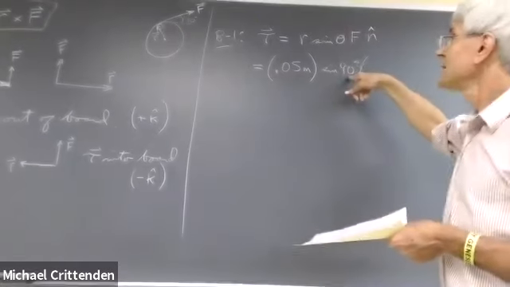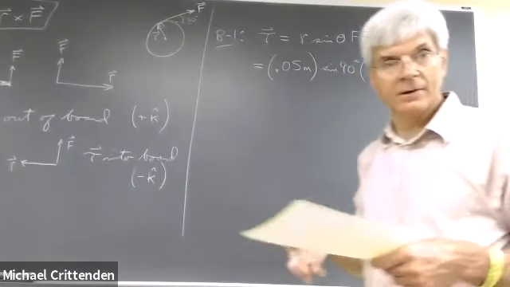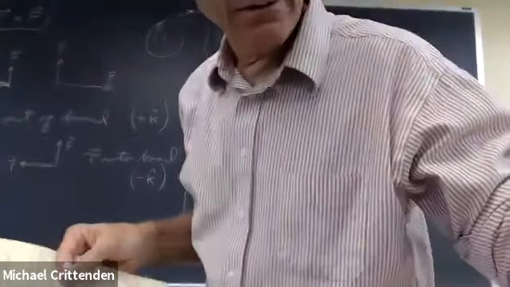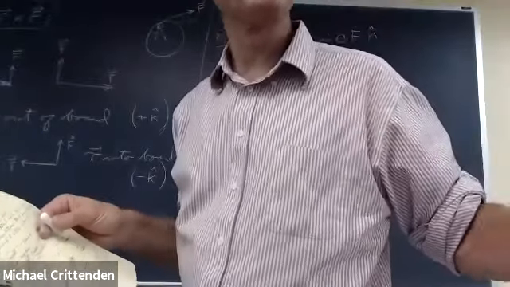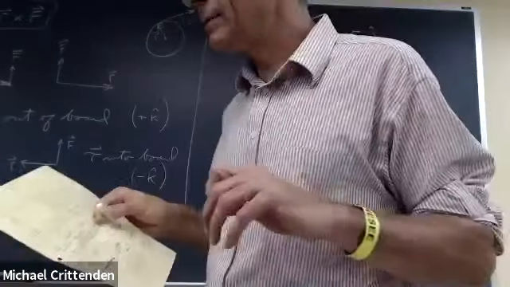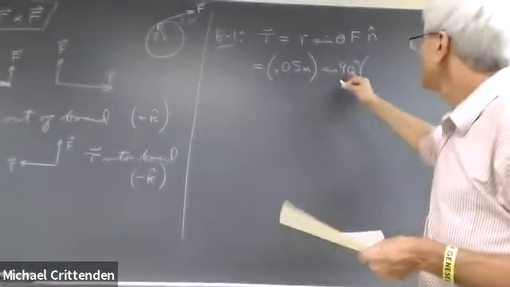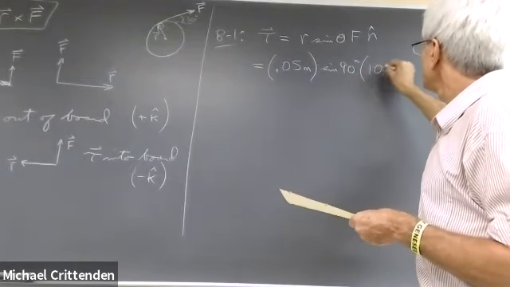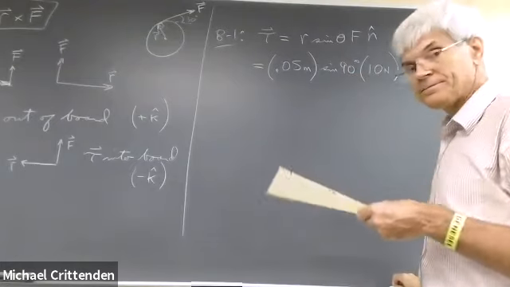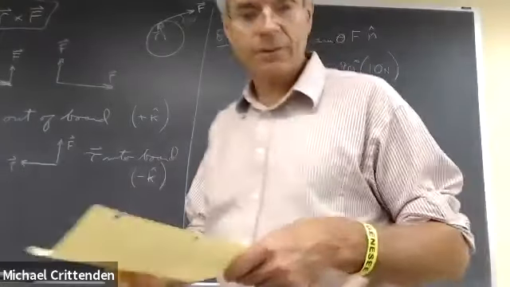So 90 degrees. Well, in the version with the question there in the handout, I've got the string horizontal anyhow, but if it wasn't, doesn't matter. You're pulling the string with a force of 10 newtons.